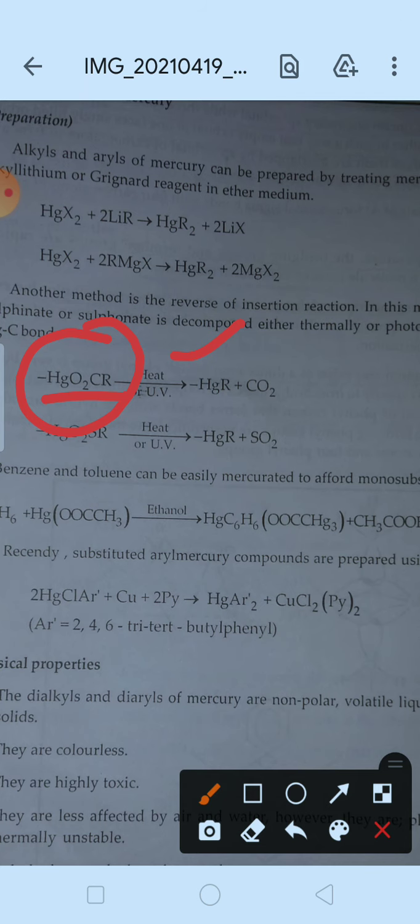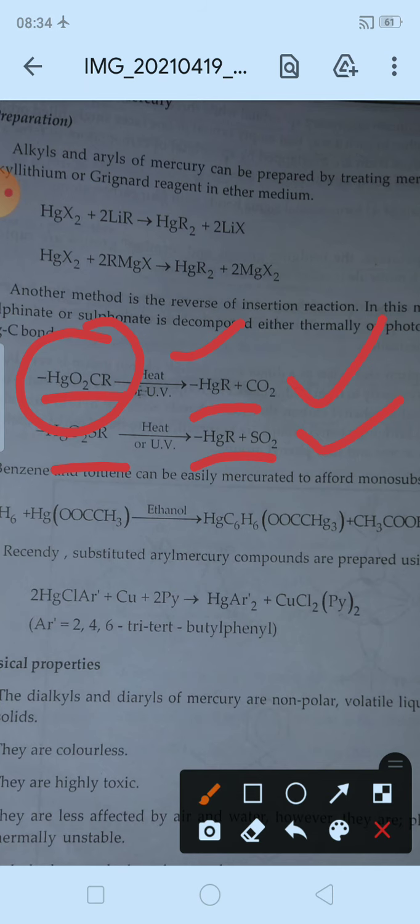So we get the alkyl of mercury like HgR, and carbon dioxide is released. In the second compound, sulfur dioxide is produced as a byproduct, and alkyl of mercury is forming here.